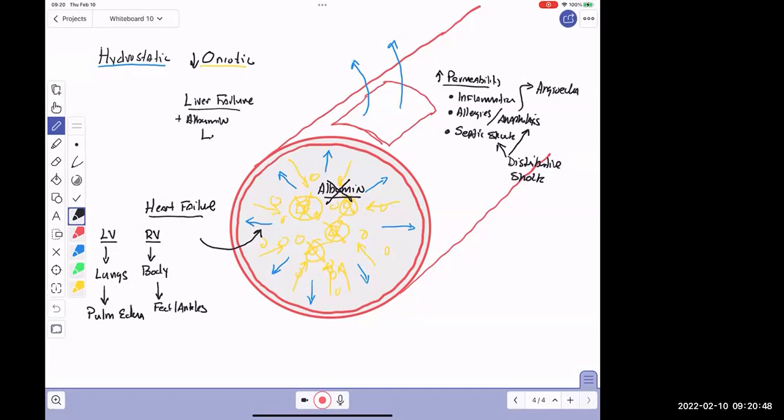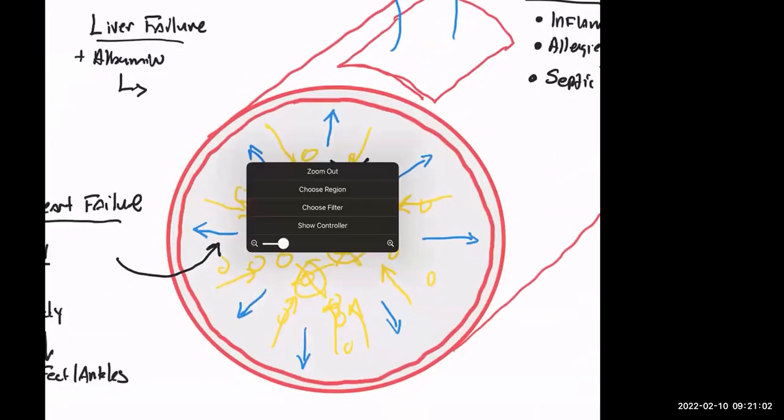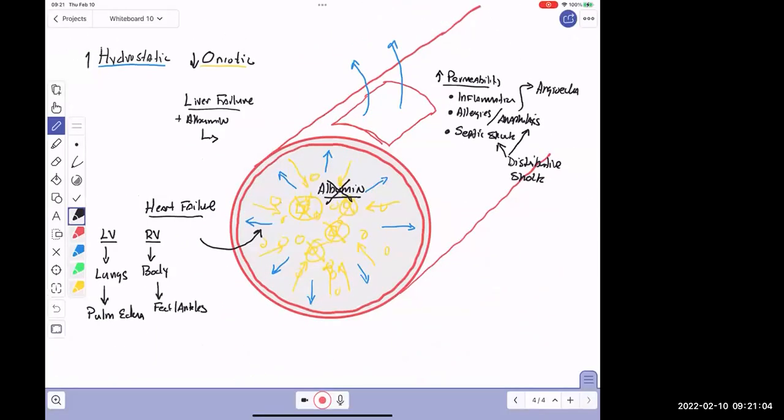And you can have lots of fluid accumulate in the abdomen. And because the liver is failing, fluid is backing up into the liver, and that's increasing the hydrostatic pressure. So you have an increase in hydrostatic pressure inside of what we call the portal circulation.